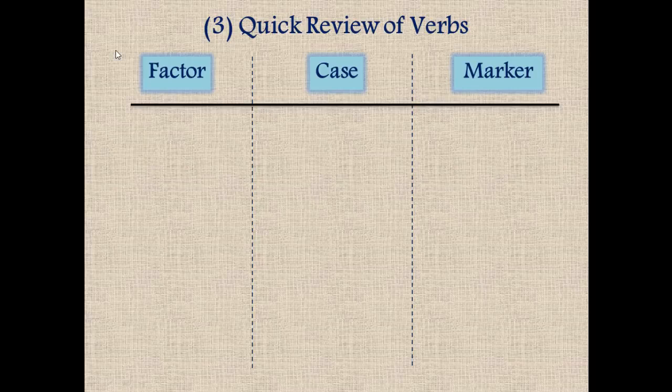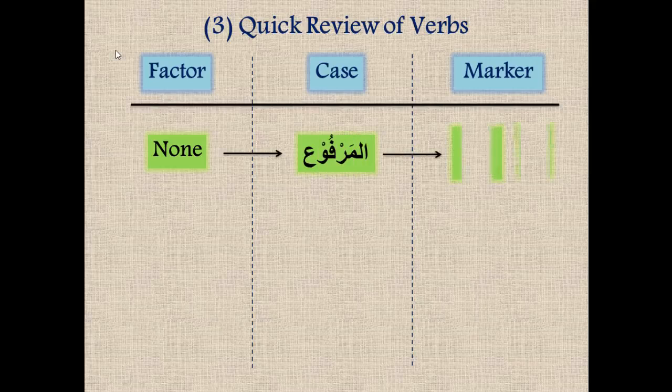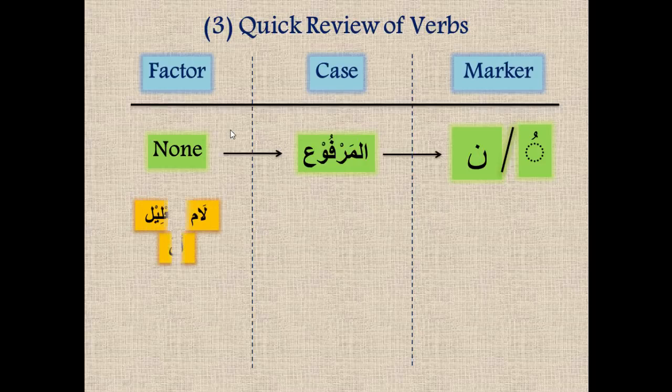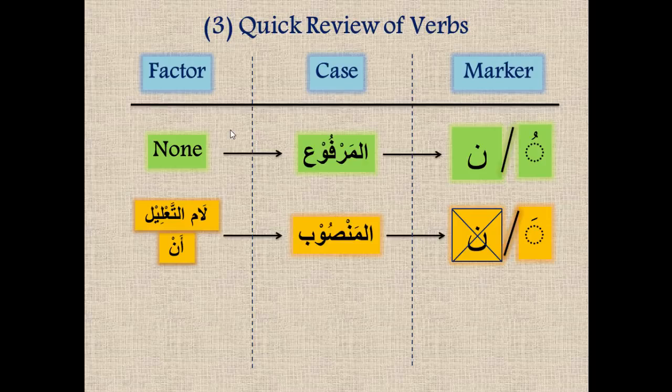So when we have no factors present, the case is the marfu', which means we have to use either a dhamma or a noon as the marker. So no factor, which means we have to use the marfu' case, which means we have to use a dhamma or a noon as the marker. If the factor is a nasib, such as lam ta'lil and an, that means we have to use the mansub case, which then means we have to drop the noon or we use a fatha.